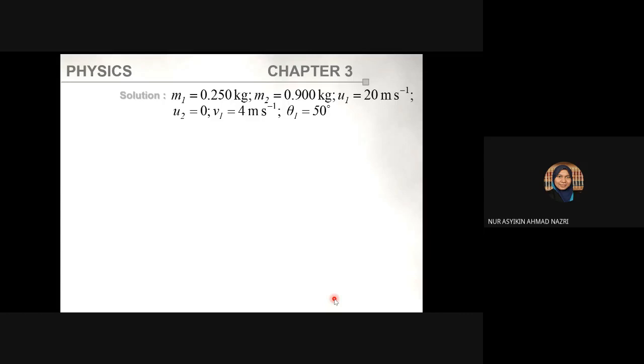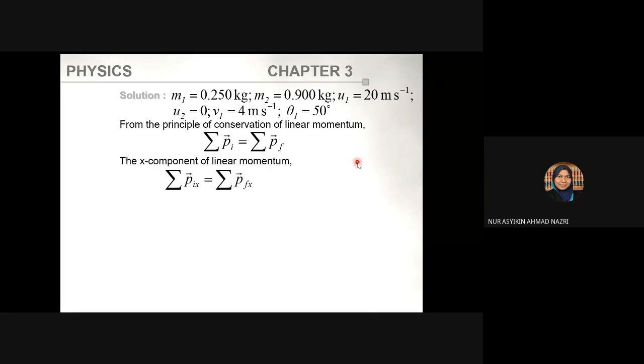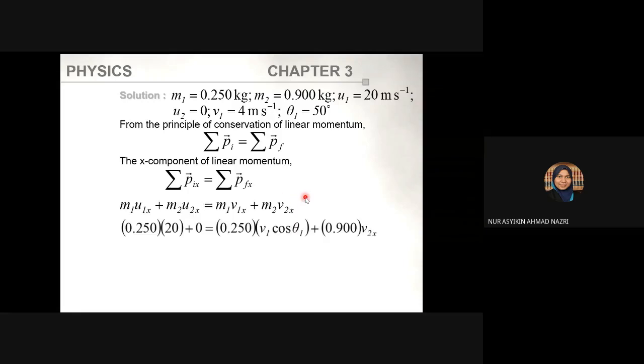Let's see how we're going to solve this kind of problem. At first, again, we simply apply the principle of conservation of linear momentum. But this time you need to separate X and Y. So we have component X. You write your initial and final for component X. Here it is 0, because this is static at first.